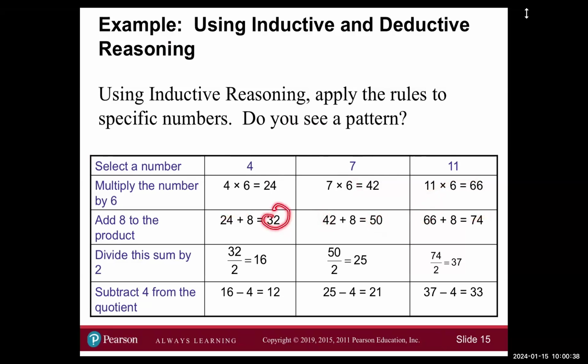Then we divide by 2: 32 divided by 2 is 16, 50 divided by 2 is 25, 74 divided by 2 is 37. From these quotients, we subtract 4: 16 minus 4 is 12, 25 minus 4 is 21, 37 minus 4 is 33.